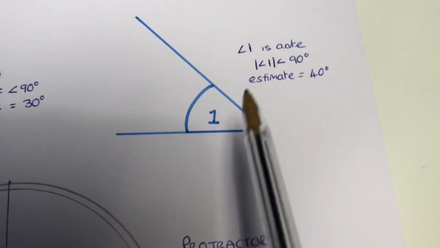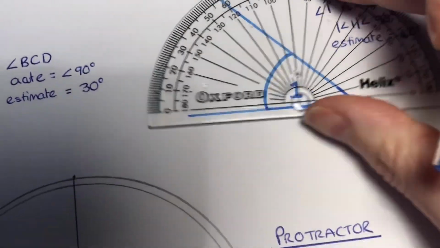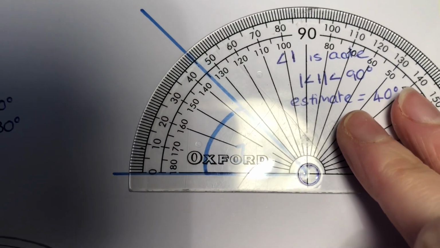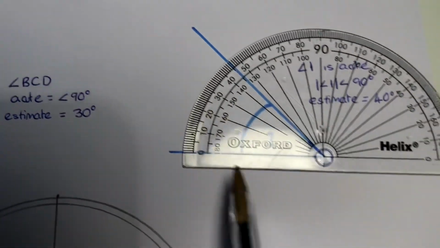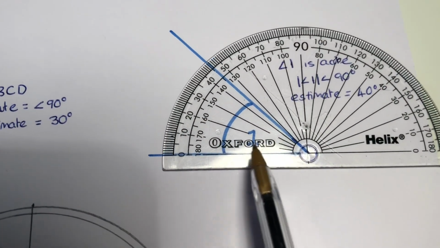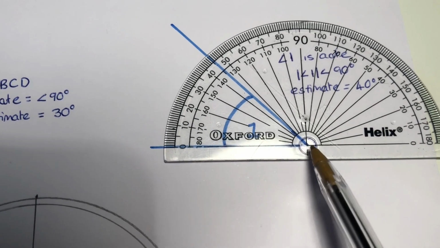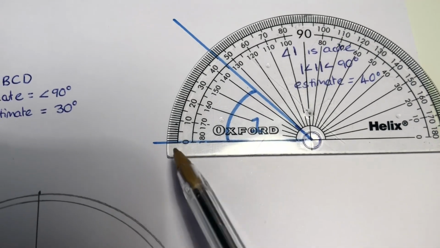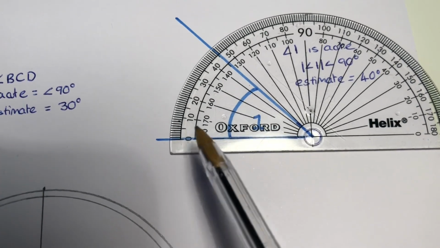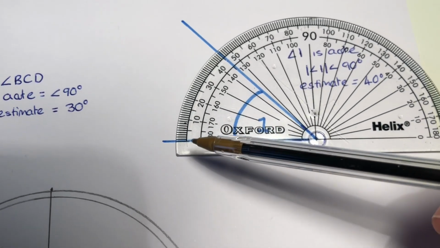Whereas if we look at this angle, and I just line up my protractor here, you'll notice that once I have the baseline on top of my arm that I'm going to be measuring, the baseline and the arm are exactly in line. The vertex is exactly on the center mark, but this time this arm of my angle is to the left of the center mark. So I'm of course going to be counting from 0 up.